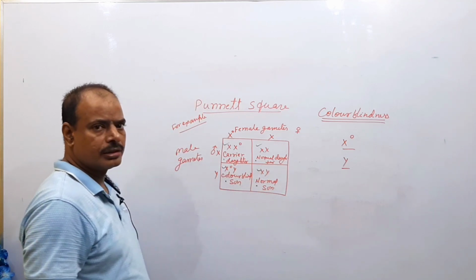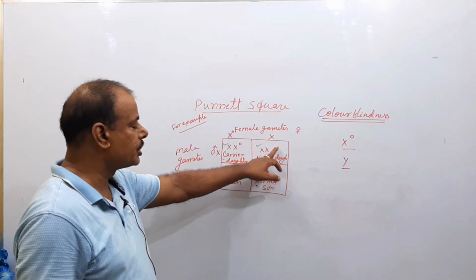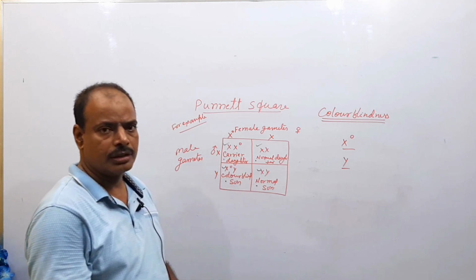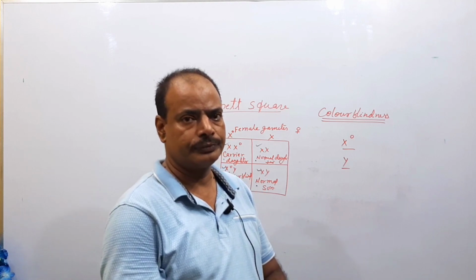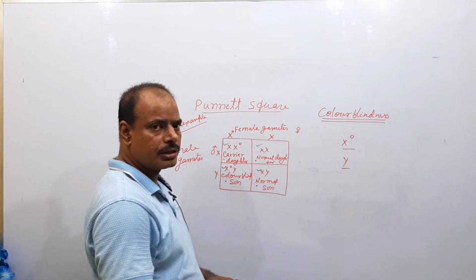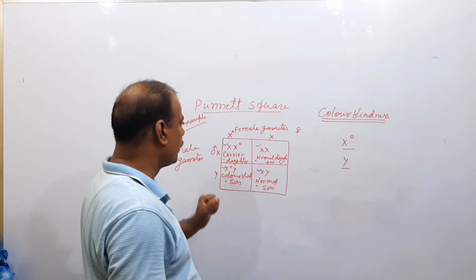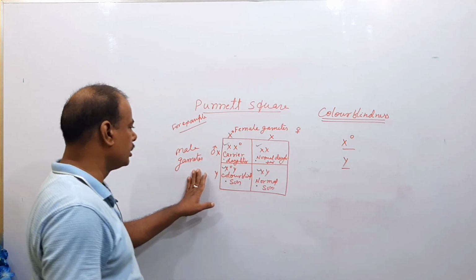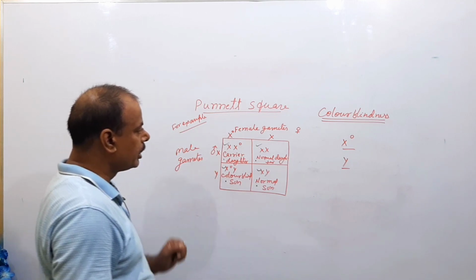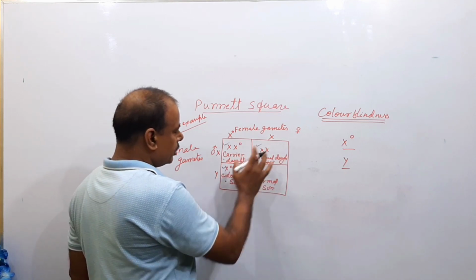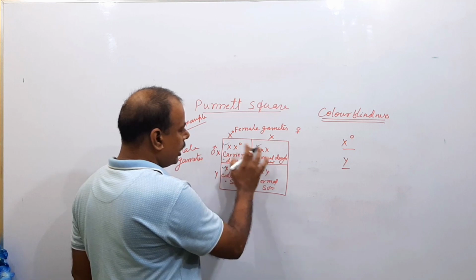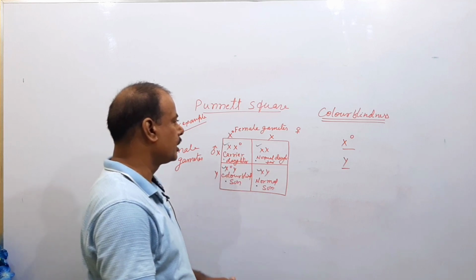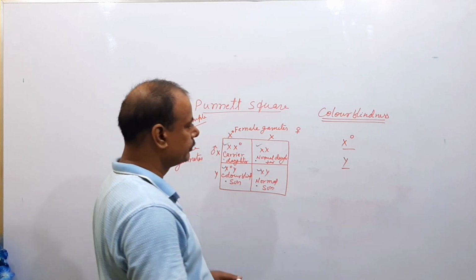So Punnett square is the square in which 4 or 16 subsquares are present, and it is used to study the inheritance of genetic disorders in a family. Here we have to write female gametes on one side, and on the second side we have to write male gametes. Then after crossing we have to write in each subsquare first the genotype and then the phenotype, which is expressed by these genotypes. So it is a Punnett square.